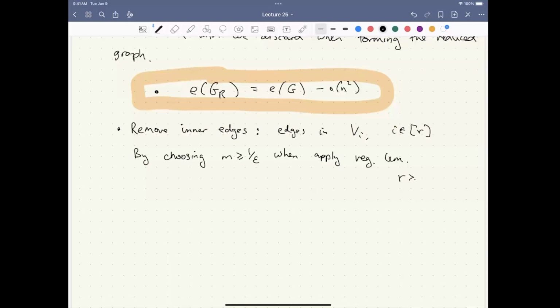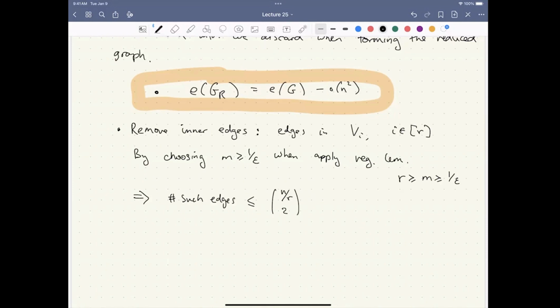The number of parts is at least m, which is at least 1 over epsilon. Each part is roughly n over r in size.